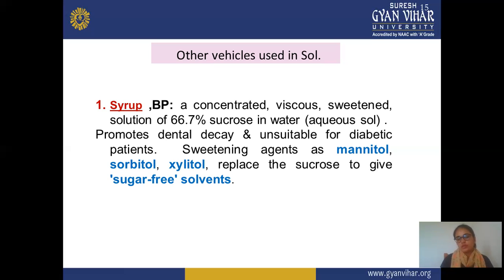Due to this problem, you change this sweetening agent to alternatives like mannitol, sorbitol, and xylitol, which replace the sucrose. When you use these sweetening agents, it forms a sugar-free solvent and overcomes some problems.